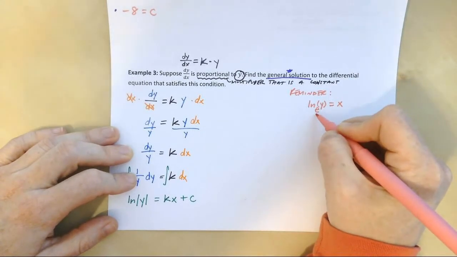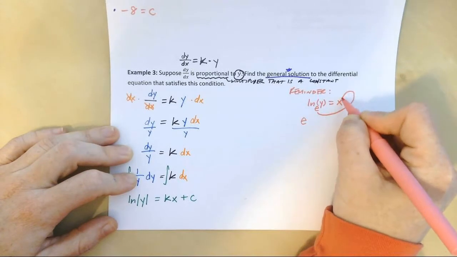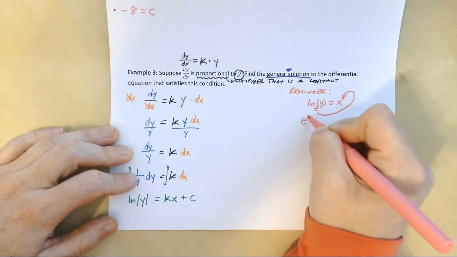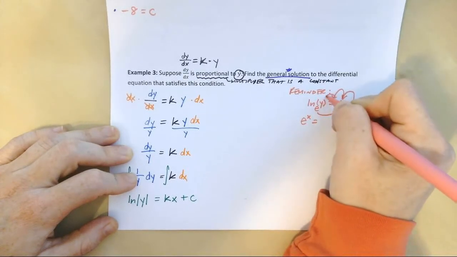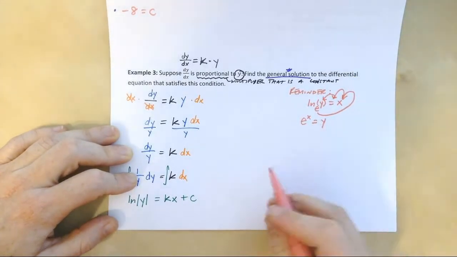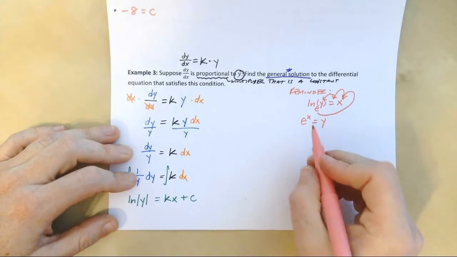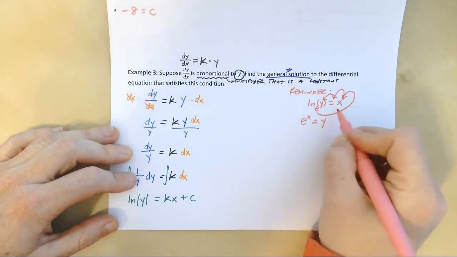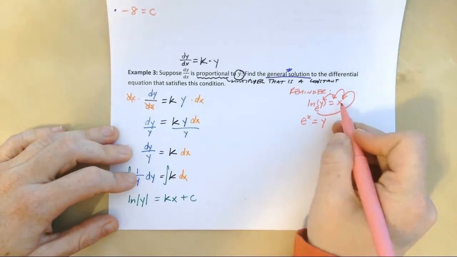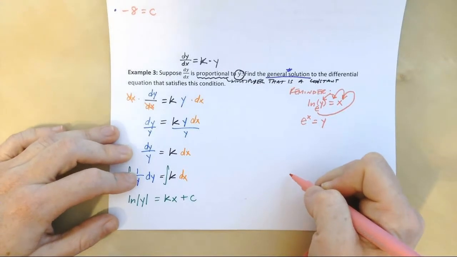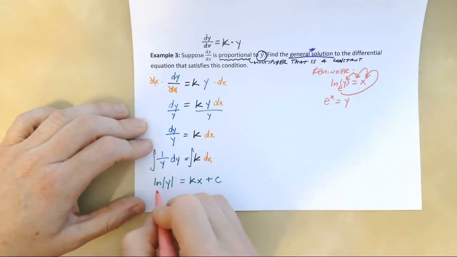So you start with your base, e, and do the chubby hand: e to the x equals y. It doesn't look like a very good hand right now, but that's supposed to be a hand. Also, if you raise both sides to the e, the natural log cancels out on this side. That's where we get the y from, and then you have e to the x on the other side. So we're going to use this trick to isolate y down here.